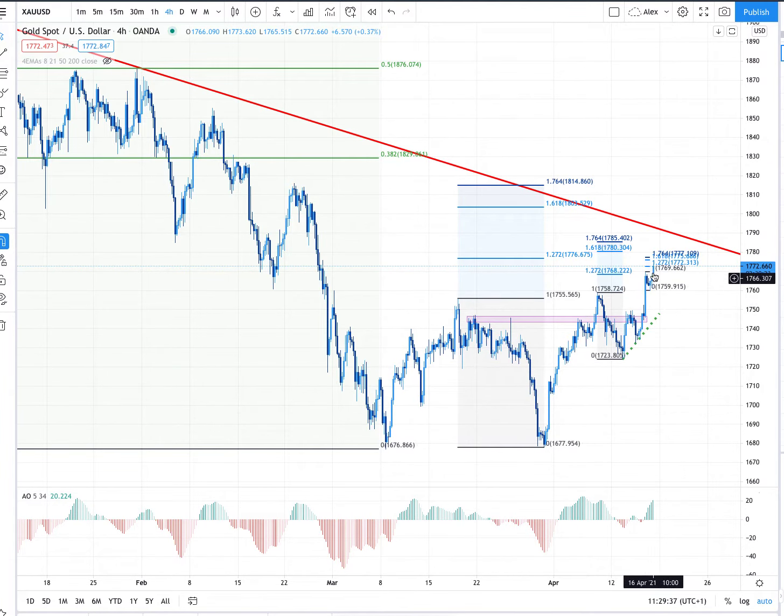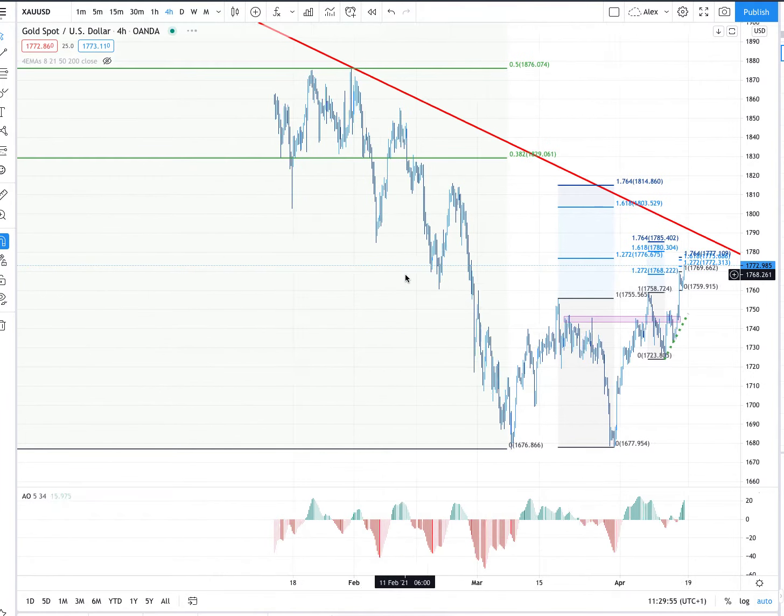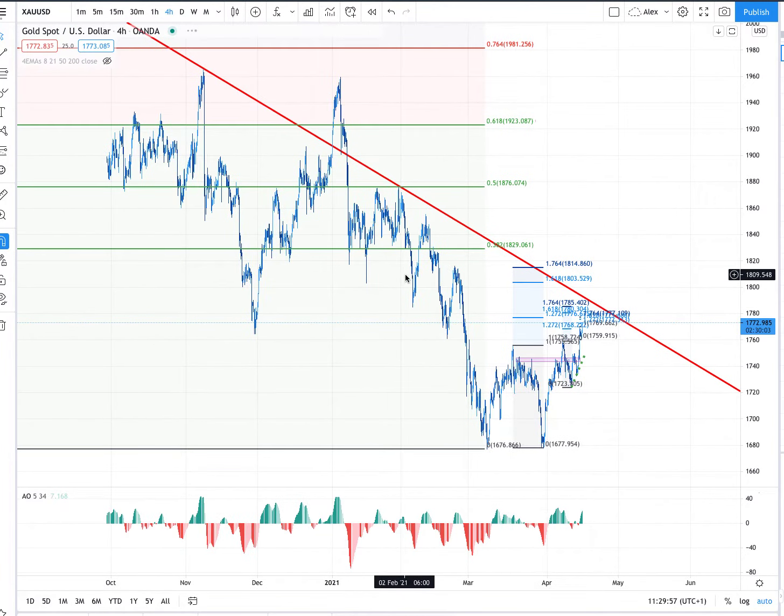But also we have multiple levels on the way up. So 1772, which is just testing, and then we have going as far as 1776 to 1780. Breaking above that, then of course we can start looking for a little stab up to 1800, and ultimately looking at this fib 1829, which is the bigger picture.